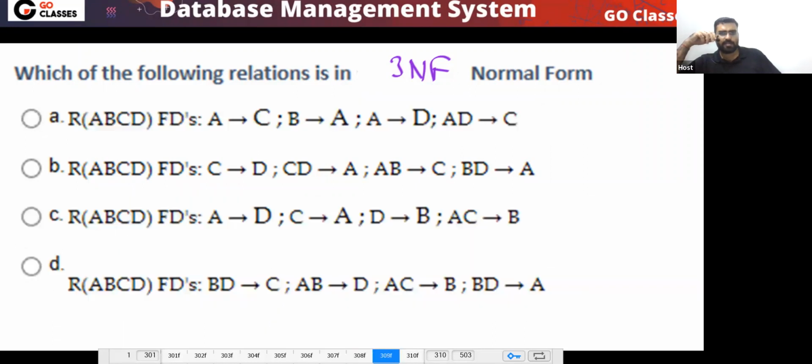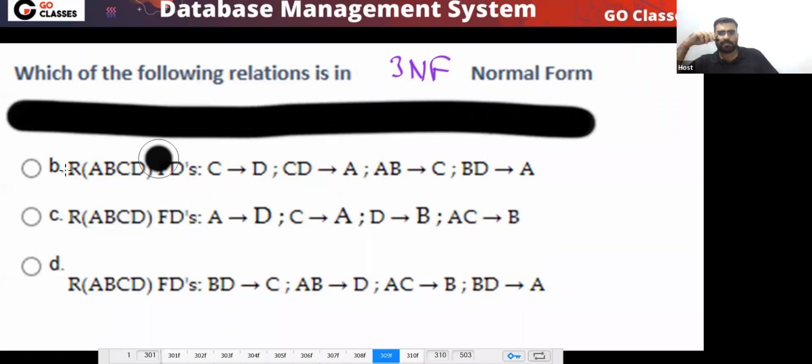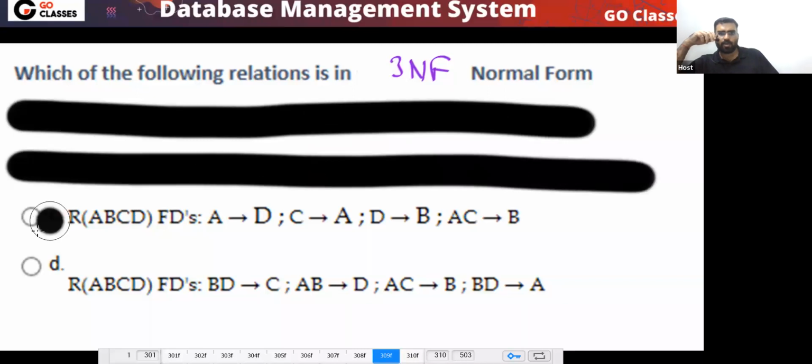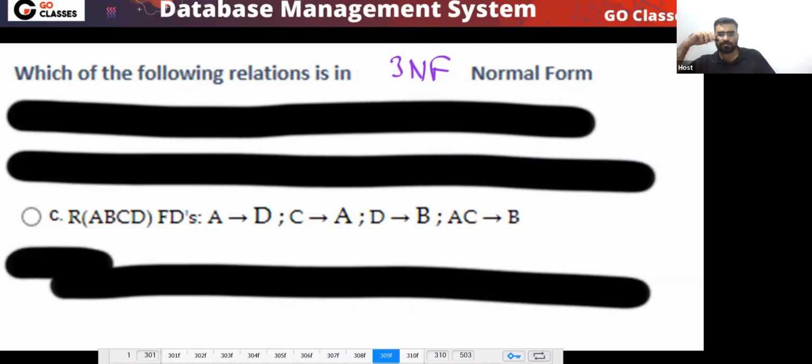Next. What about the next? Option C. What about option C? What is the candidate key? A, B, C. So the candidate key is C, right? This is the candidate key.